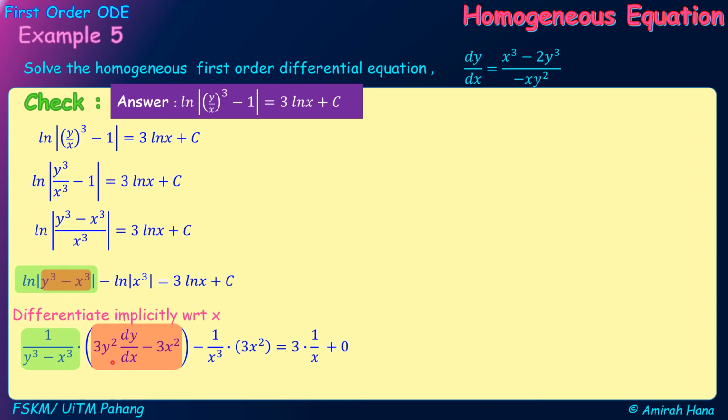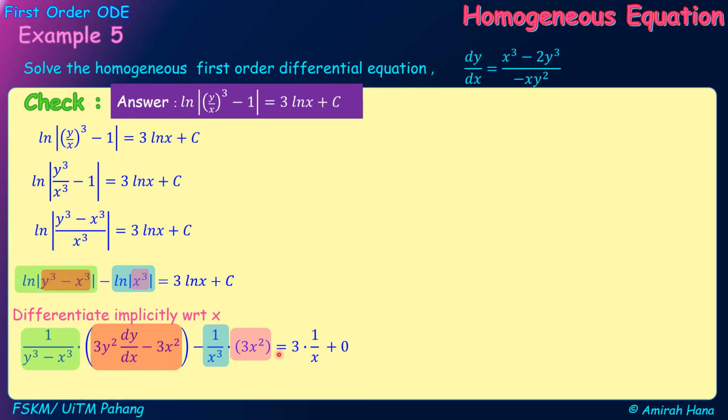When we differentiate a term containing y, we have dy over dx at the back. And then minus, we differentiate x cubed, so we have 3x squared. And then minus, now we differentiate ln x cubed, so we have 1 over x cubed times 3x squared.